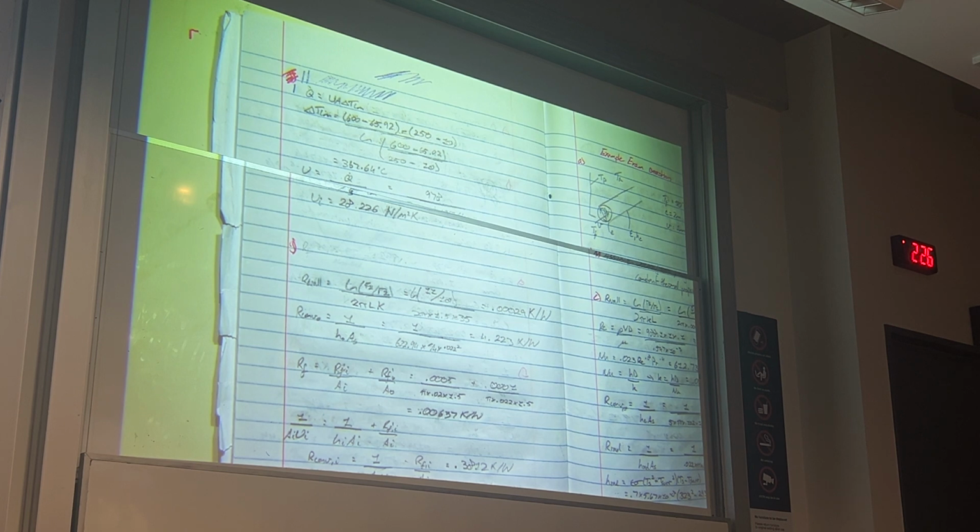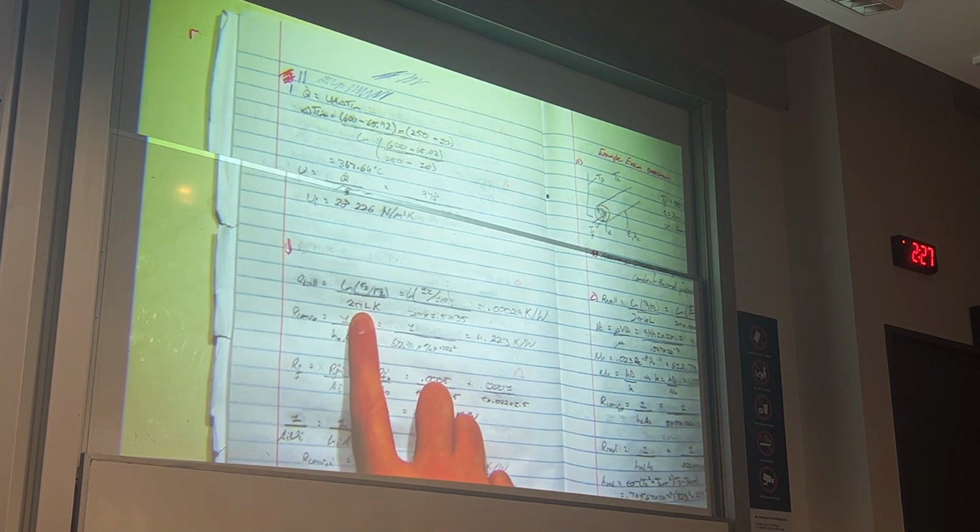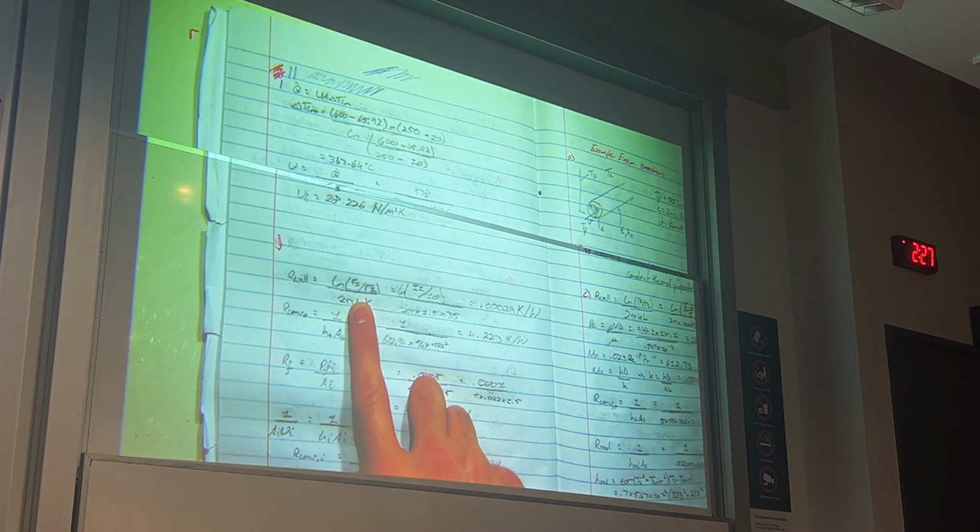And then we want to compare the thermal resistances due to convection, tube wall conduction, and fouling. So simply all we have to do is calculate all our resistances due to convection, conduction, and fouling. If we're going through a wall, we want to use this relation here.